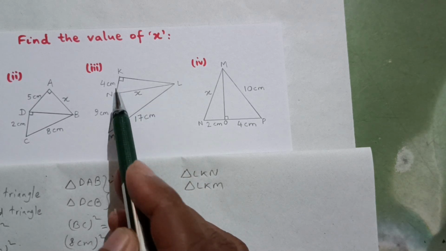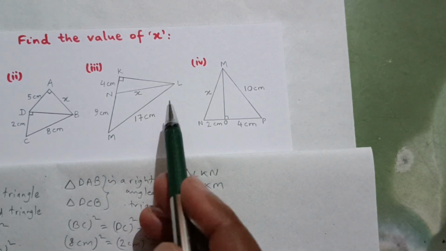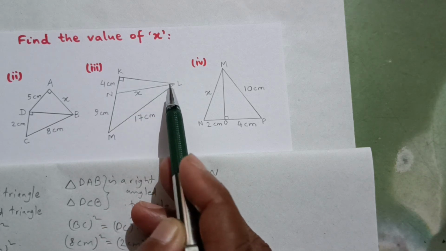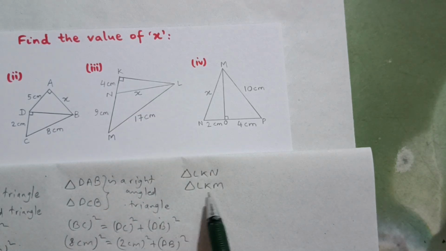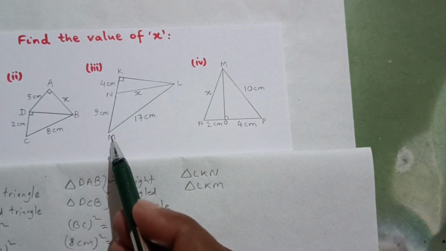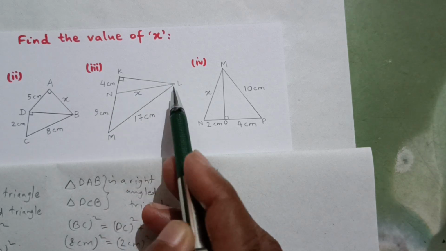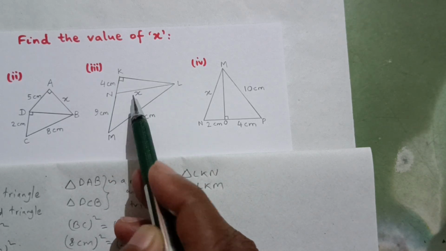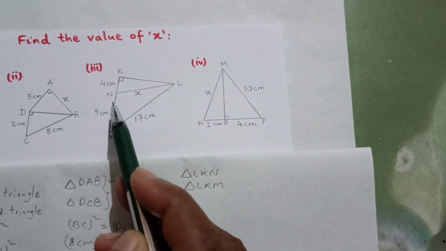I will take the help of these two triangles to solve this question. One is this small triangle, triangle LKN, and another is triangle LKM, this entire triangle. We are not taking triangle LNM.